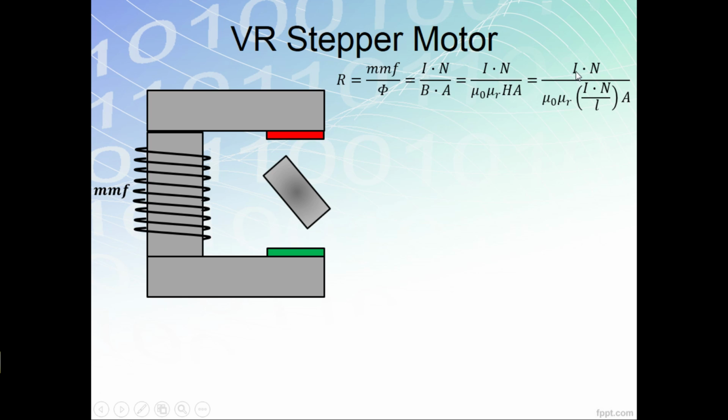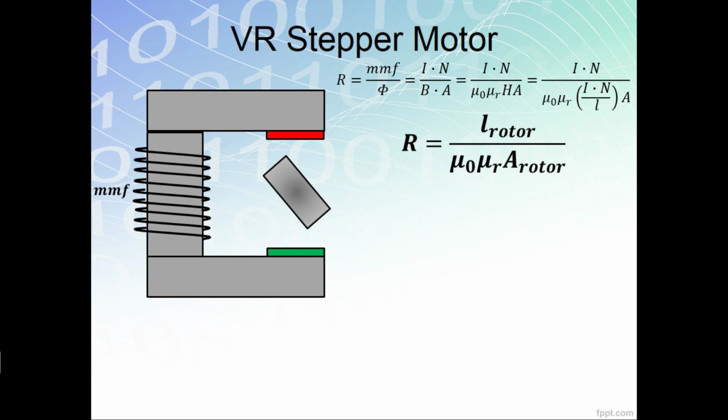Since the current multiplied by the number of turns can be cancelled out, that means the reluctance of the rotor is equal to the length of the rotor divided by the permeability of free space, times the relative permeability of the material, and the area of the rotor.